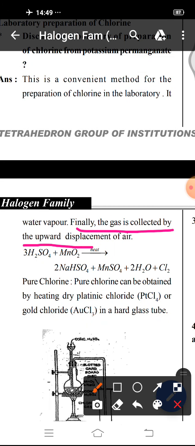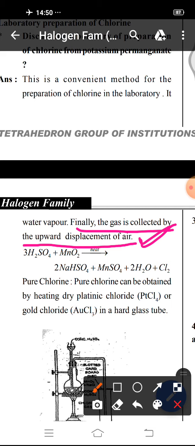When KMnO4 and HCl react with each other without heating, they form chlorine gas, and when NaCl, MnO2 and H2SO4 react with each other on heating, they form chlorine gas. So these are the two methods for preparation of chlorine in the laboratory.